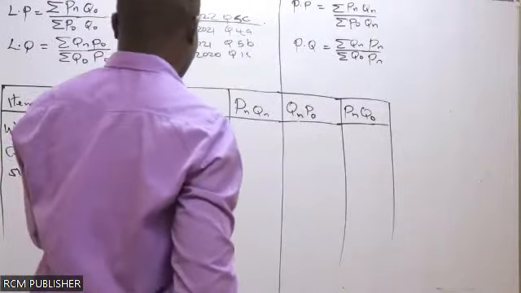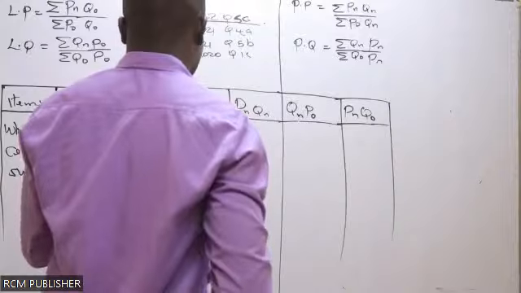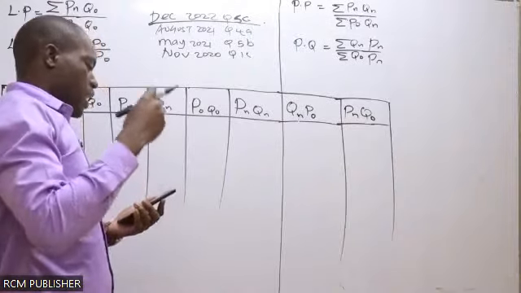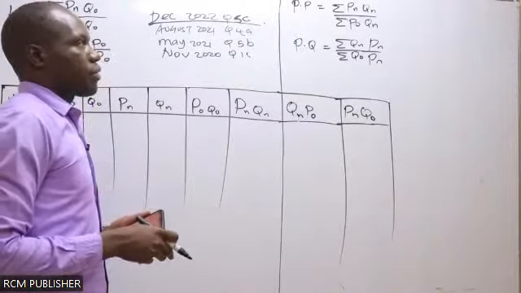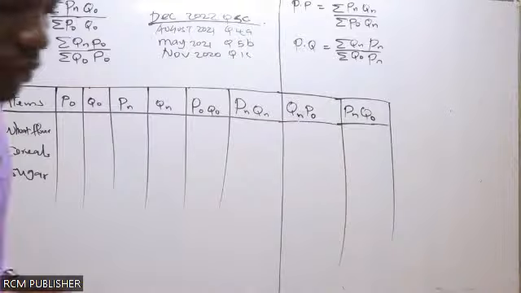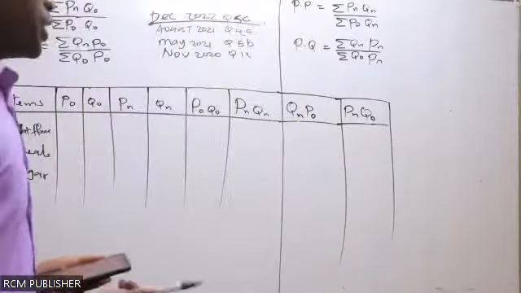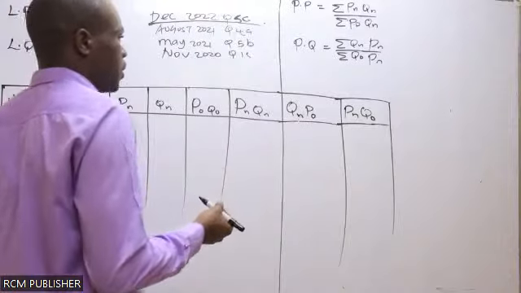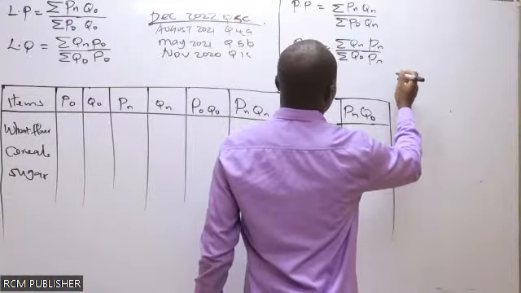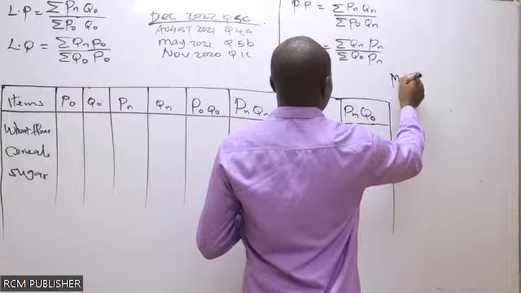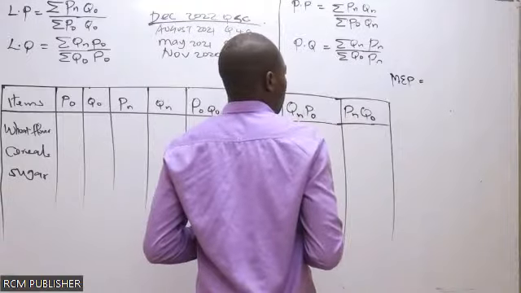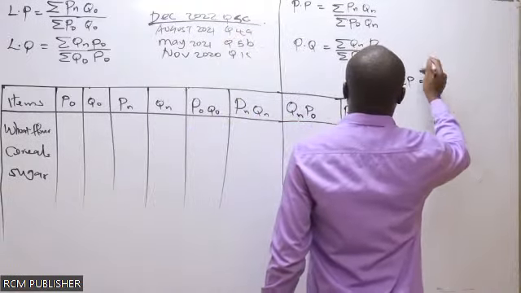Now, the third one we have is Marshall-Edgeworth price index. So you ask yourself, here we are going to apply a mean. Are we going to apply the arithmetic mean or geometric mean? Arithmetic mean. So for the arithmetic mean, we simply need to get the summation, which is basically the summation of what we have.